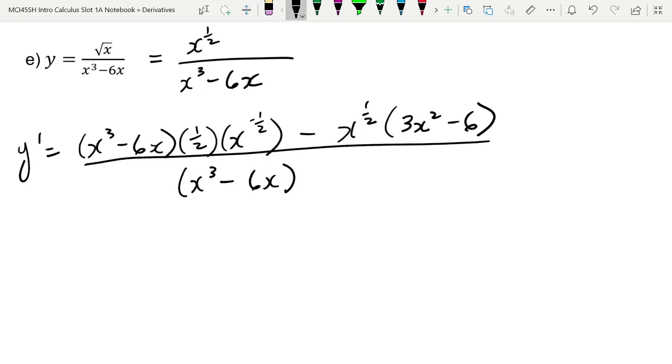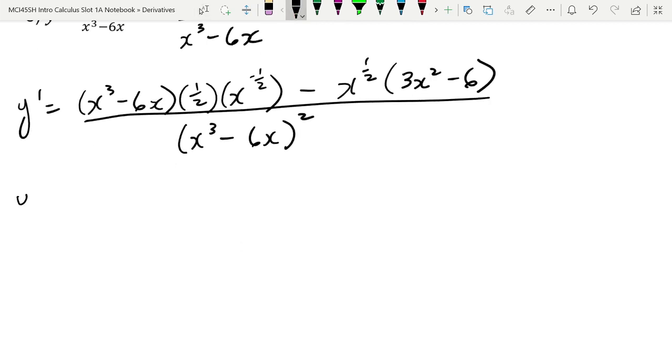denominator squared. Okay, what can I do with this mess? Well, I think I will switch to radicals and then play with the radicals. So radicals and reciprocals. I'm going to get rid of the fractional exponents and the negative exponent. So this is going to be 1/2 times x to the negative 1/2.